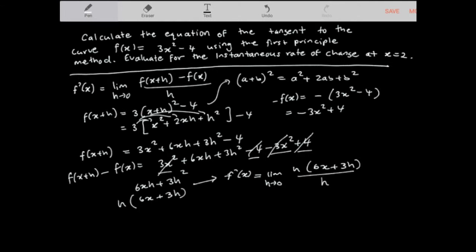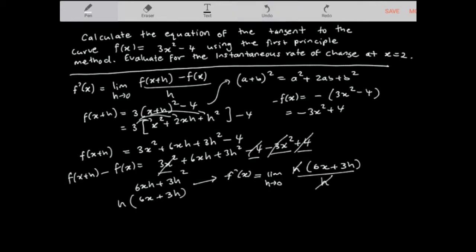We said that one of our problems initially was that if the h in the denominator became 0, this whole rational expression would become undefined. But now, because we factored out an h as a common factor in the numerator, these two h's can cancel out, and now h can actually approach 0.